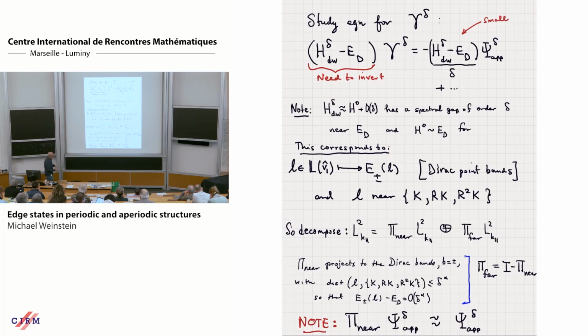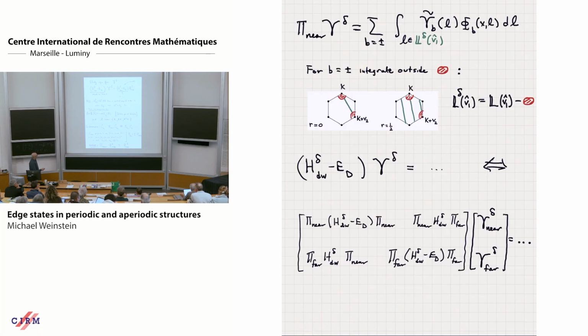And at this point, I want to point out that if you look at this spectral projection, the near spectral projection onto your ansatz, the leading order piece, the spectral support of the approximation of the thing that came out of the formal multiple scale analysis is almost entirely in the range of the near projection.